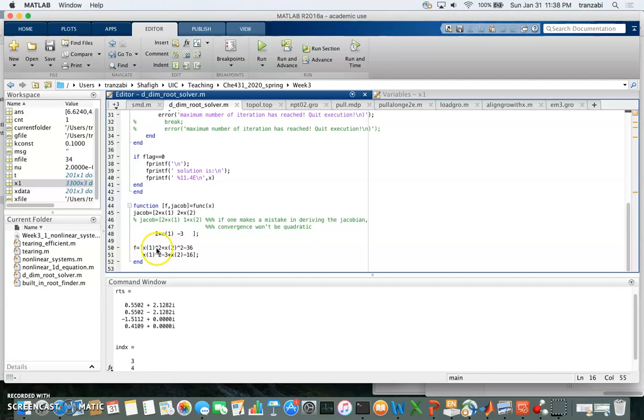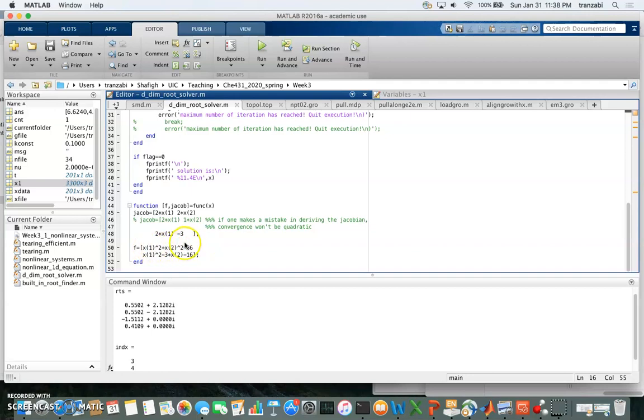The first equation is x1 squared plus x2 squared minus 36. And the equal to 0 is actually implied. So we never write this thing equal to 0.